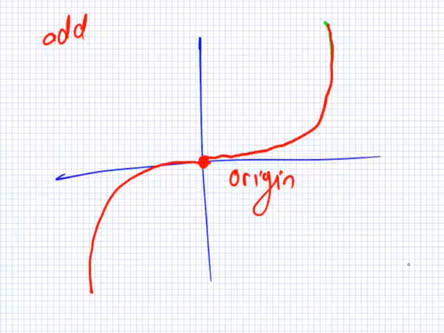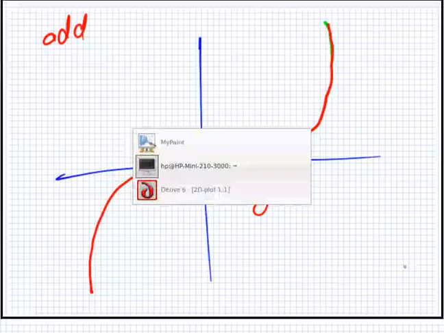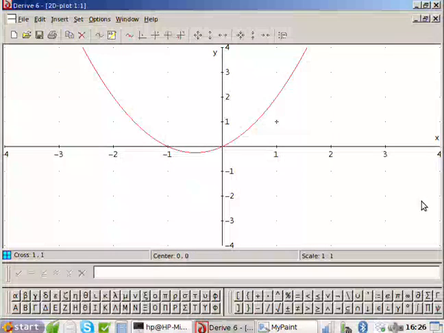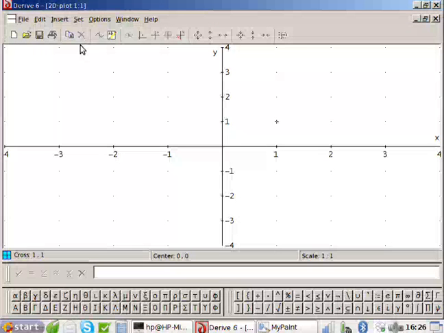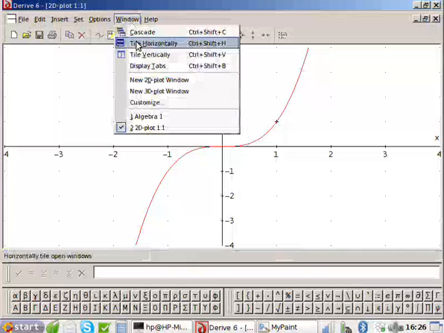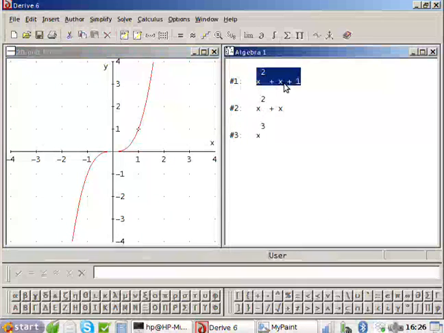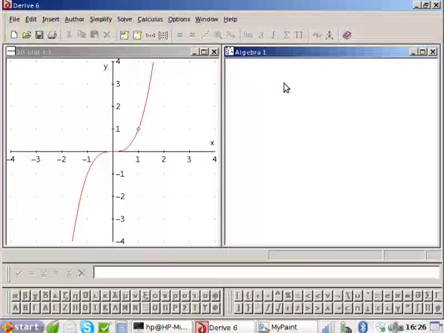Right, so what does an odd function look like? If it's odd, firstly, odd functions must pass through the origin. They must cross the origin.